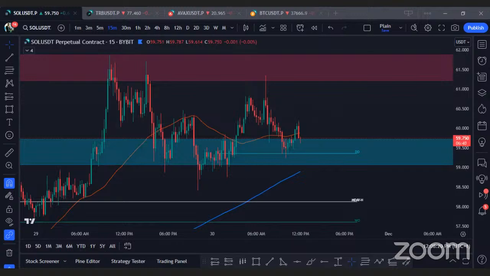I don't need this thing to go down. If I get that 60.1 again, I'll close and then look for a new entry to enter this trade. But TRB is the one that is giving me a headache right now.